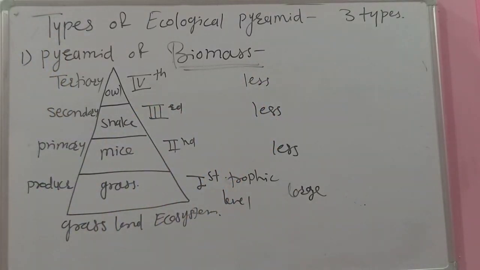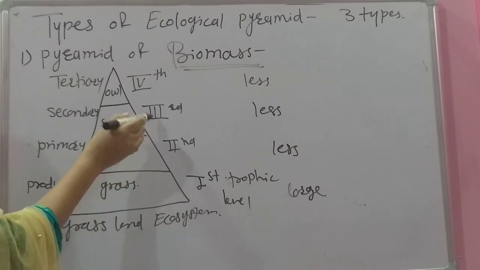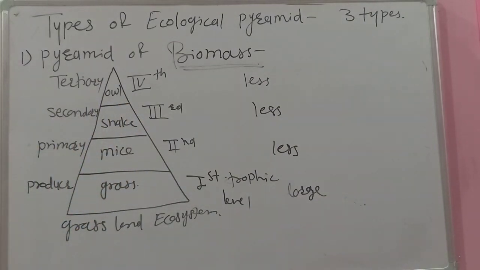This means the biomass decreases at each and every trophic level, and hence the shape of this pyramid is upright in the grassland ecosystem. Another example of the pyramid of biomass is the aquatic ecosystem. The first example, the grassland ecosystem, has an upright pyramid. The second type is the inverted pyramid.